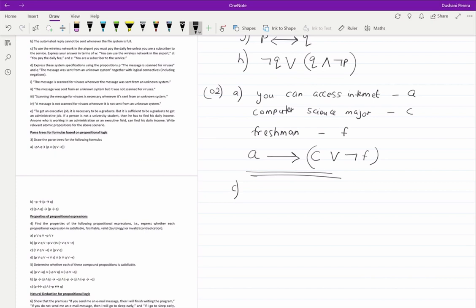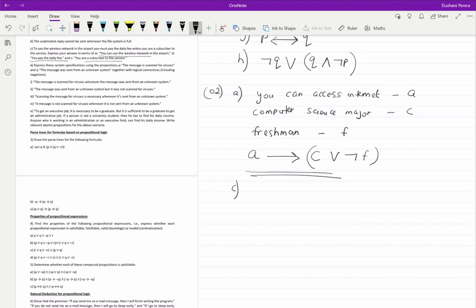To use the wireless network in the airport, you must pay the daily fee unless you are a subscriber to the service. Express your answer in terms of W. So W is you can use the wireless network in the airport, D means you have to pay the daily fee, and S means you're a subscriber to the service.